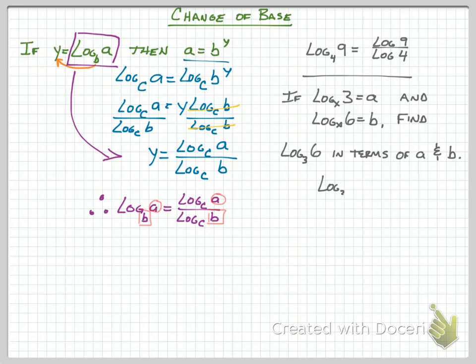All right, so log base 3 of 6 is going to change into, the numerator is going to be log base x of 6, the denominator log base x of 3. We know from above that log base x of 6 equals b, log base x of 3 equals a, so we have the actual fraction b over a.